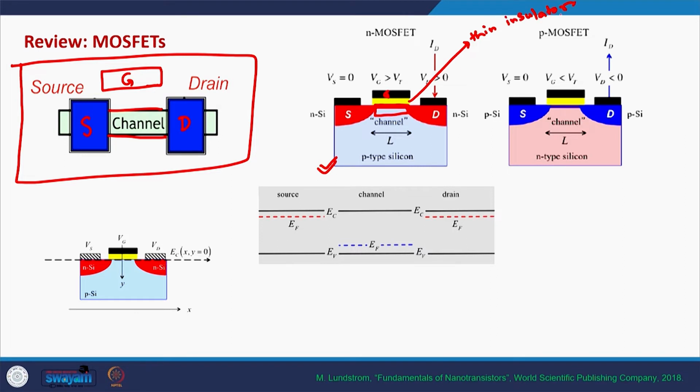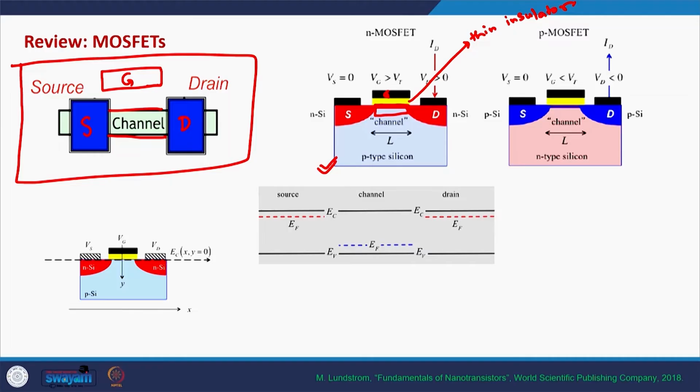So there cannot be any current from the gate terminal to the channel in this device. But the effect of the electric field on the gate terminal can be felt in the channel, and by applying a voltage on the gate terminal, the conduction in this entire device is controlled, and that's why it is known as a MOSFET device.